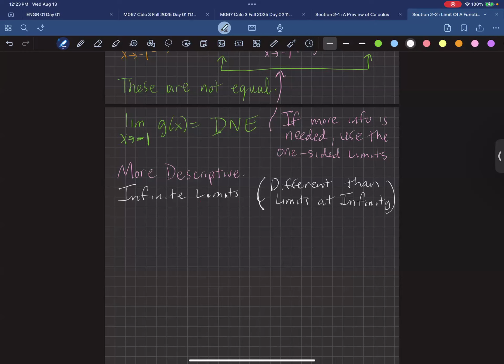Infinite limits was like my h of x. H of x up above was 1 over x plus 1 squared, and I showed a graph like this. At -1, we had a vertical asymptote, and the graph did something like this.